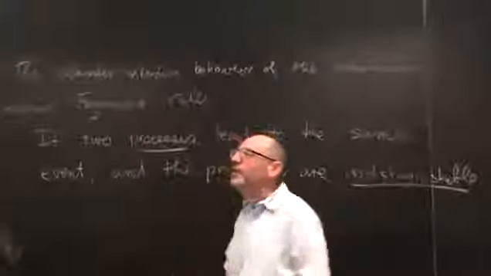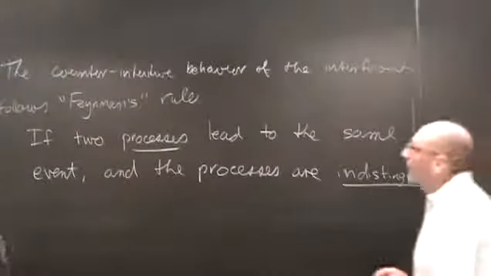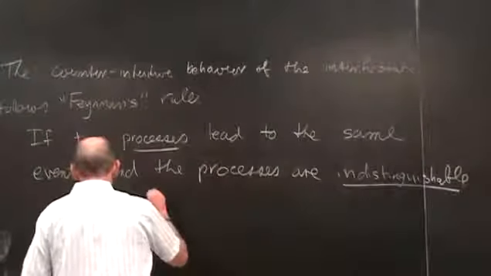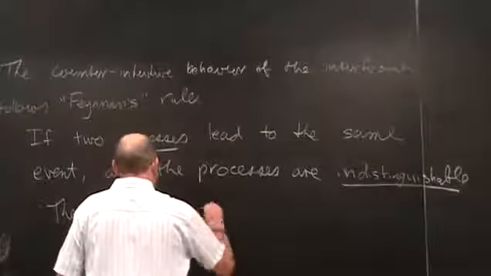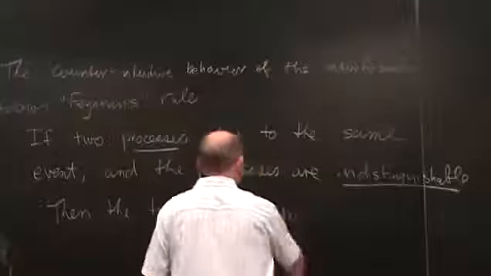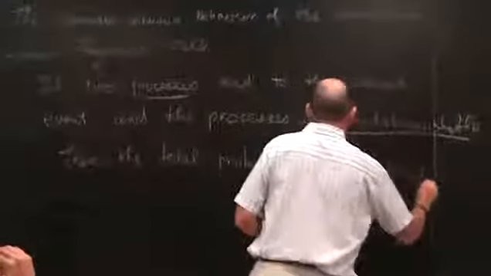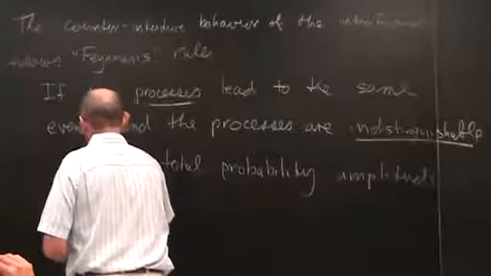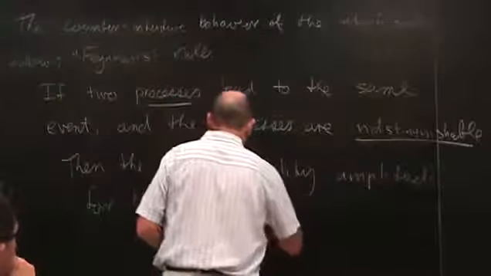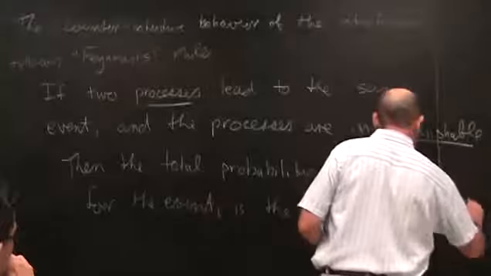And I'll explain what that means in a moment. Then the total probability amplitude for the event is the sum of the amplitudes.